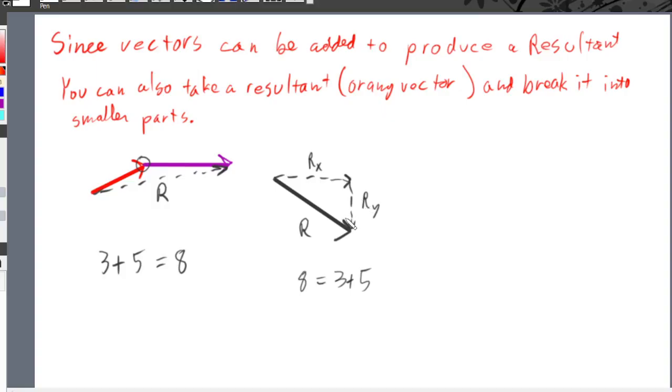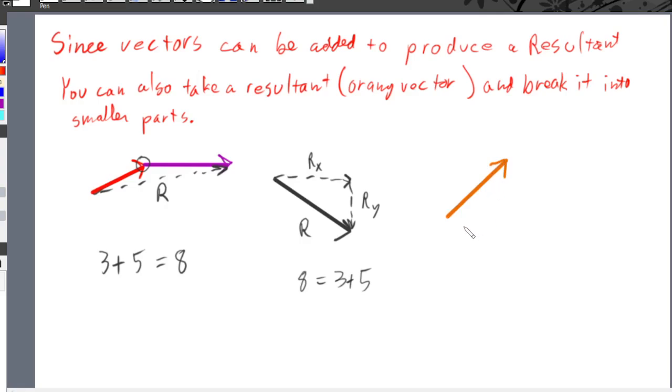That is going to be extremely useful, particularly if we have an angled vector and we'd like to break it into its x and y parts. Let's say I have this orange vector over here, which goes upward and rightward.